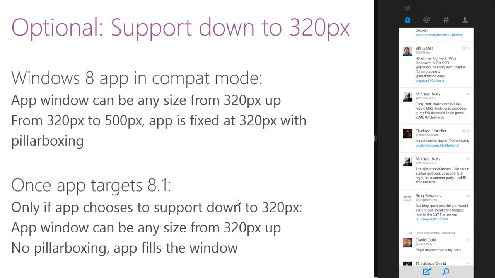The whole area will be filled by the application. Does this make sense? So if you have Windows 8 applications running on 8.1 which are not yet targeted to 8.1, pillar boxing will be used to run those applications. And for applications once they target 8.1, no pillar boxing will be there, and the application will fill the whole window.